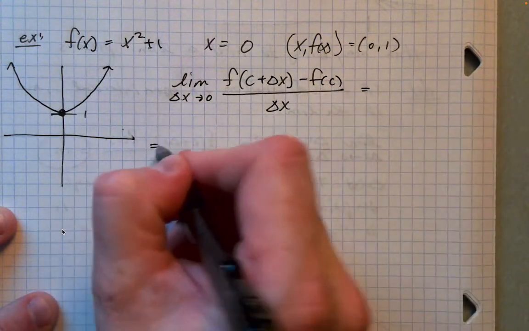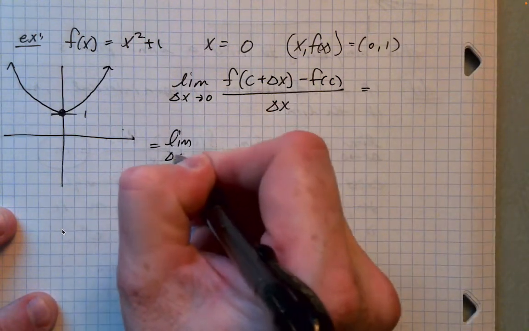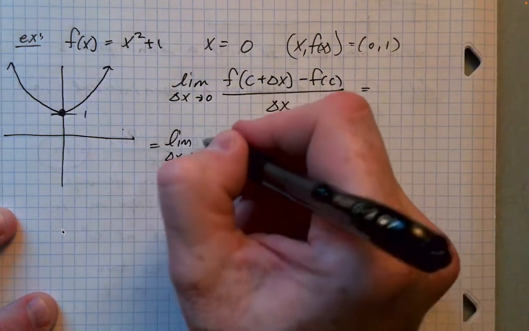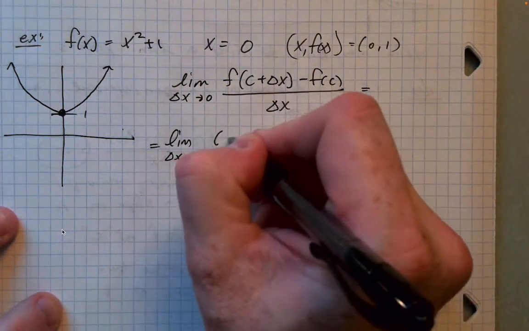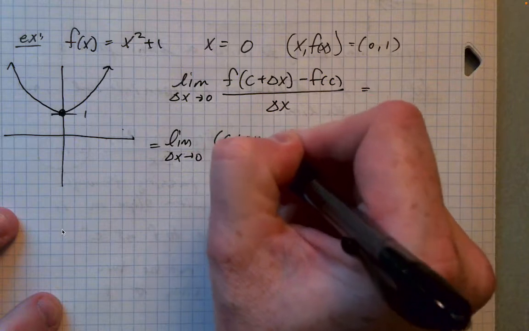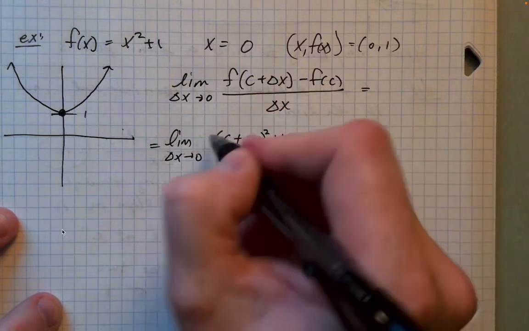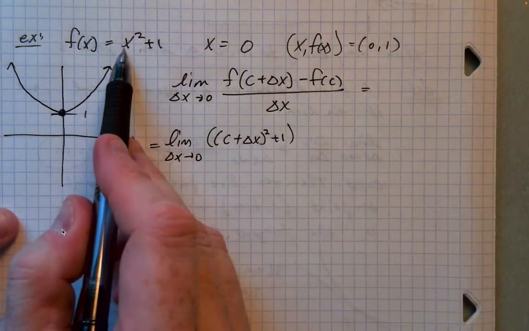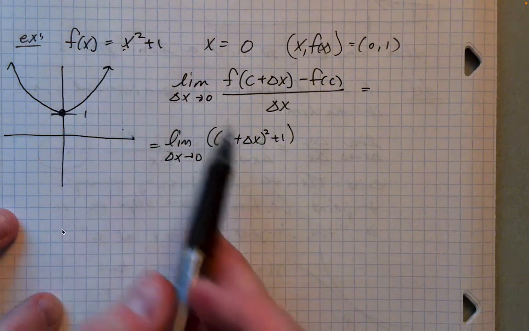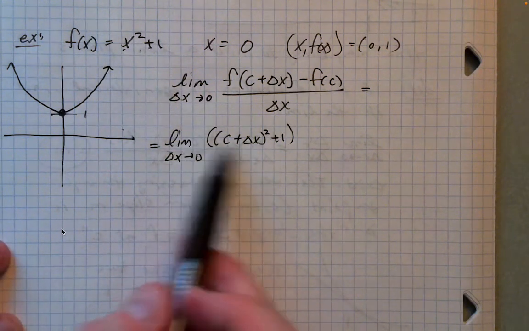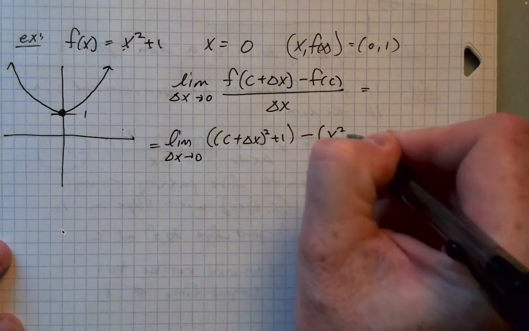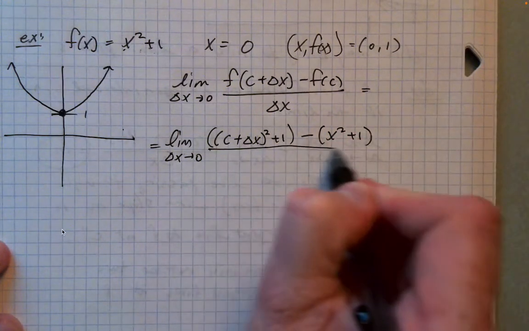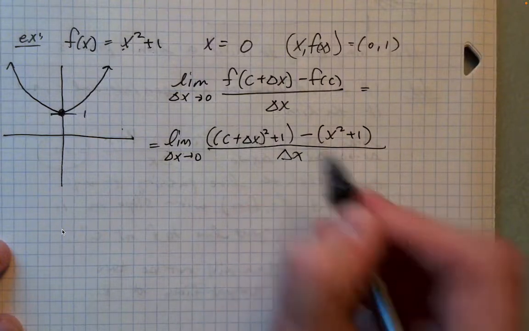So let's plug in the actual function here. Instead of f of c plus delta x, what I need to plug in is c plus delta x squared plus 1. That's x squared plus 1, and everywhere you have an x, you're going to plug in a c plus delta x. So the function looks like that. And then minus x squared plus 1, and the whole thing divided by the change in x, delta x.